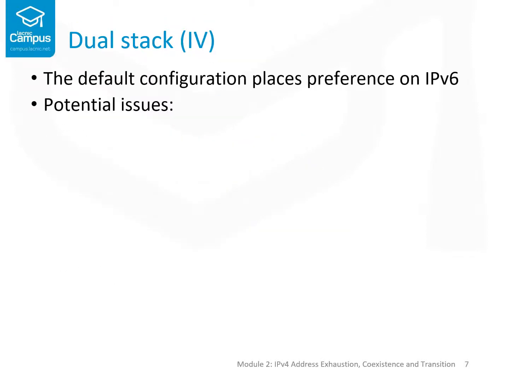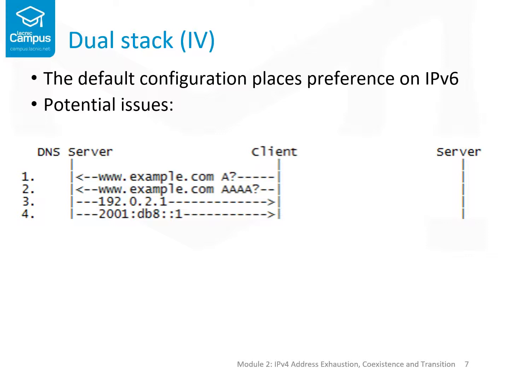It then became evident that the static default preference for IPv6 could cause issues. Let's see an example where a customer tries to access a web application through dual stack. The DNS resolves the name www.example.com to an IPv4 and an IPv6 address.